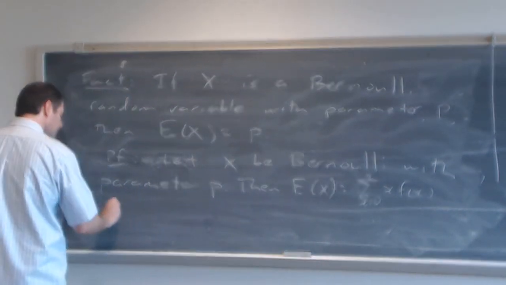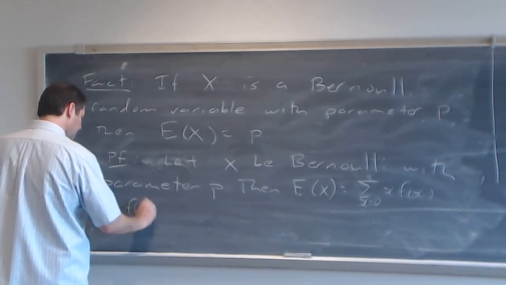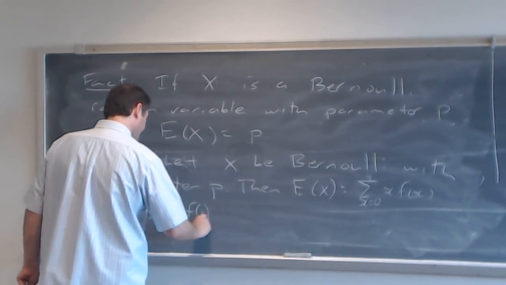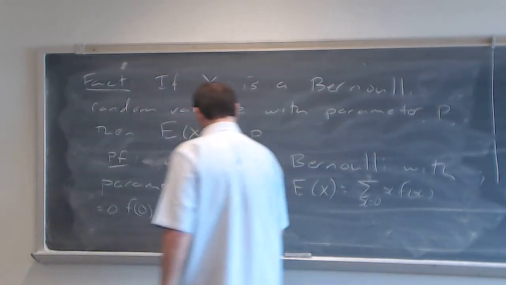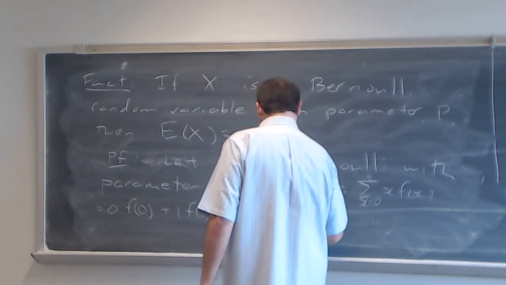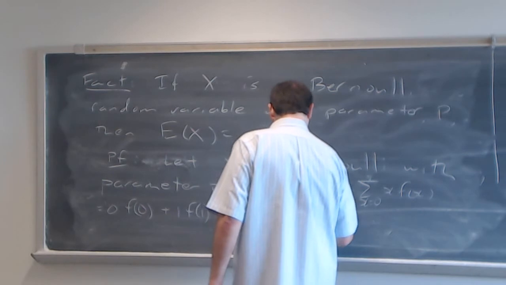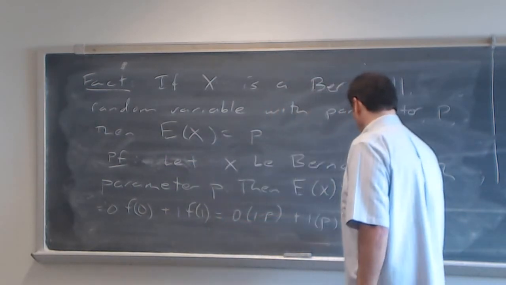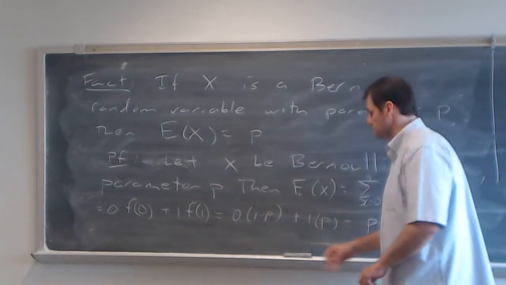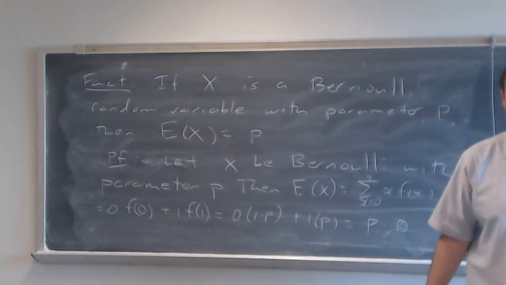So this will be equal to 0 times f of 0 plus 1 times f of 1. Well, 0 times f of 0, which is 1 minus p, plus 1 times f of 1, which is p. And so this is 0 plus p, which is just p. So that proves that the expected value of a Bernoulli is just this parameter.